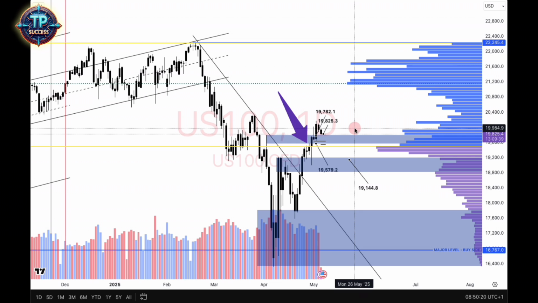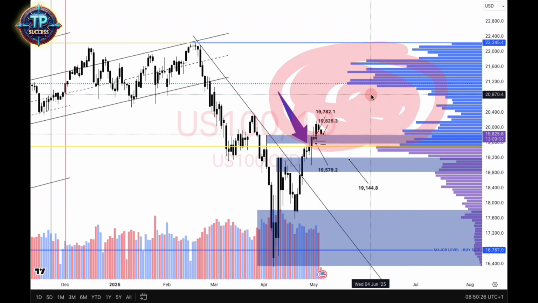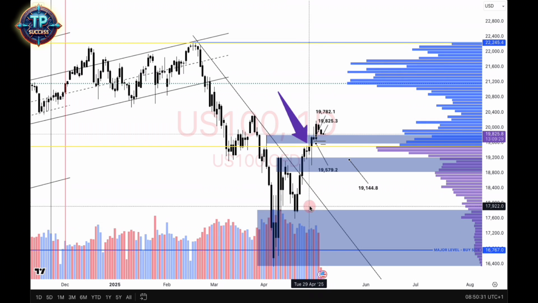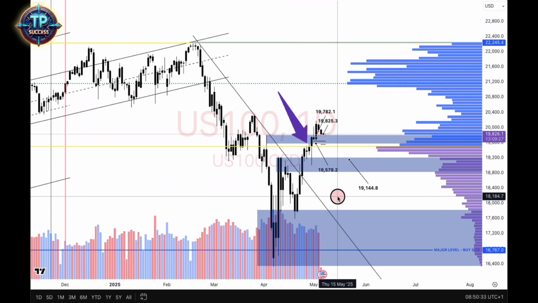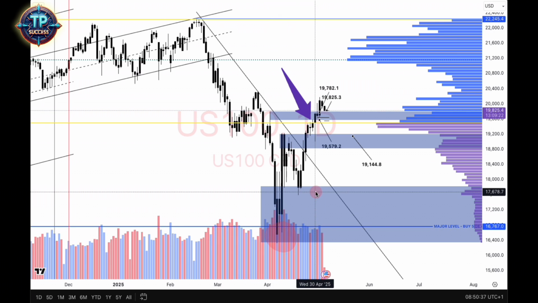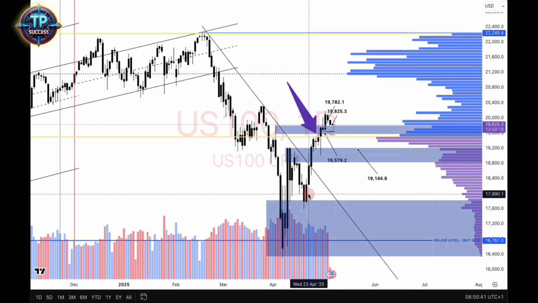This area right here is the high value area in market right now. So market has left the low value areas, tapped into every single one of the low value nodes: low value node number 1, low value node number 2, low value node number 3, and it's now heading into low value node number 4.